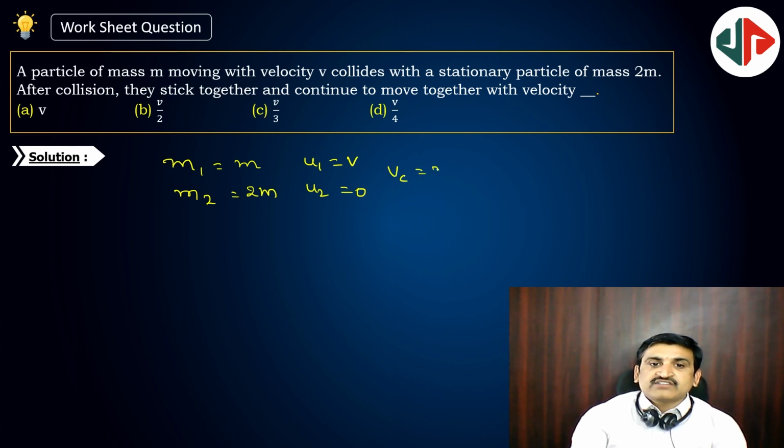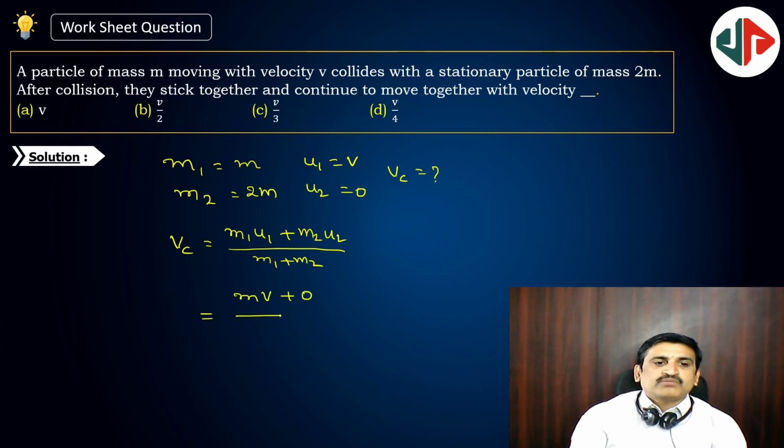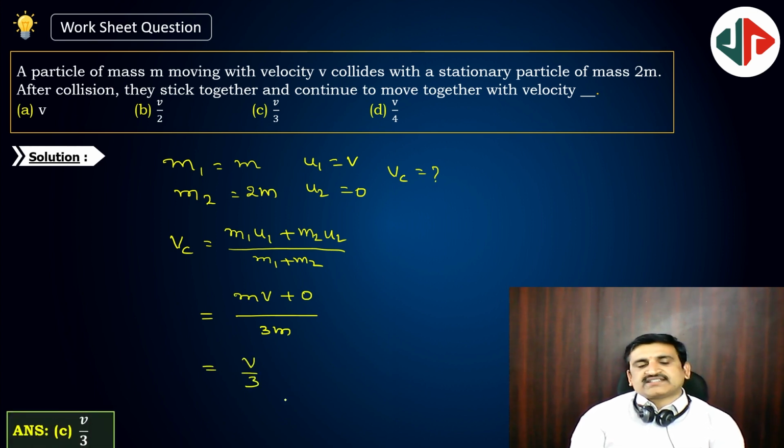Common velocity equals how much? Common velocity is equal to m1 u1 plus m2 u2 by m1 plus m2, which is m into v plus 0 by 3m. So that is equal to v by 3. V by 3 is the answer. Next.